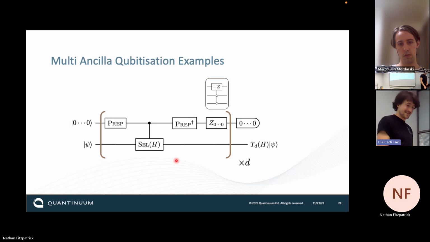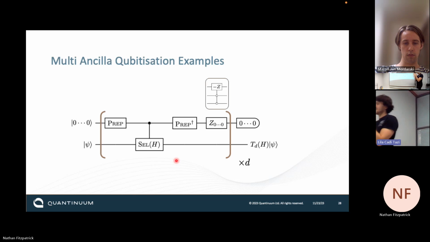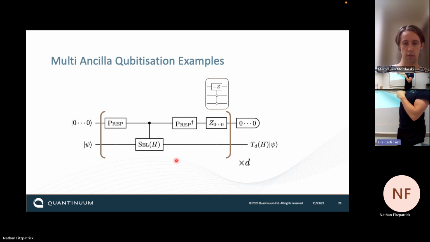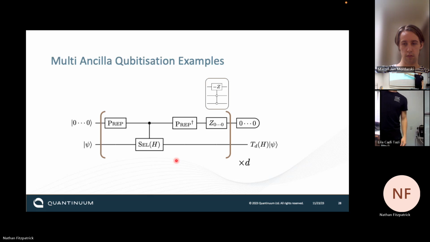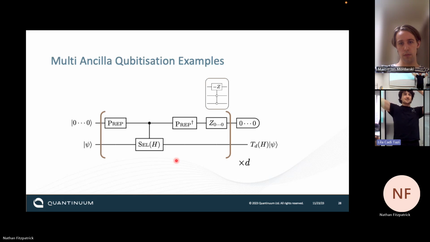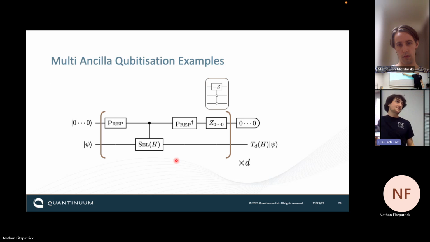And then the Z rotation in the general case becomes this guy, which is actually quite straightforward, because if you think how these LCUs work, you start in the 0 state, rotate to some superposition state, do your select, and then rotate back onto the 0 state. So to perform a reflection into the orthogonal space of the 0,0 state, you just need to reflect around the 0,0 element, and that's what this is here.